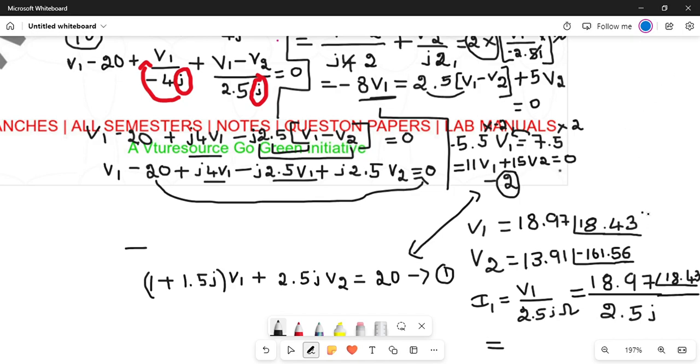I am going to get the resultant as 7.59 at an angle of 108.43 degrees, in amperes. Fine. So this is the current you're going to get.